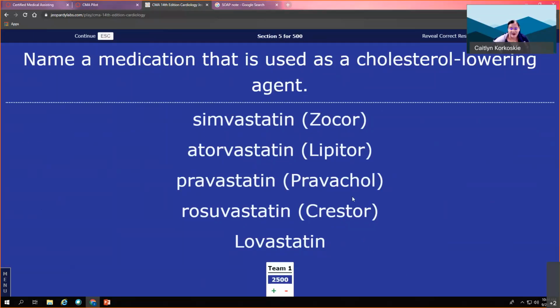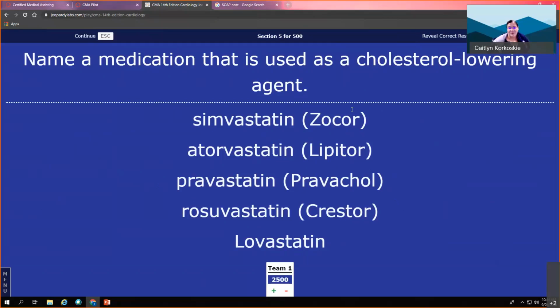I put in the brackets here the brand name, which, by the way, will always start with a capital letter, but generic medications you do not capitalize. So this is the generic name: simvastatin, atorvastatin, pravastatin, rosuvastatin, lovastatin. There's a lot of statins, way more than this too. These are the most common ones that you'll see.